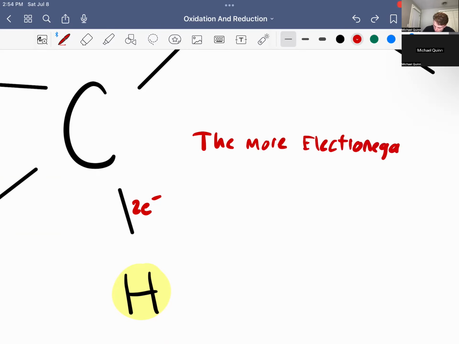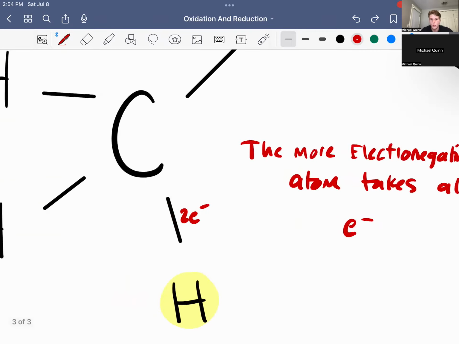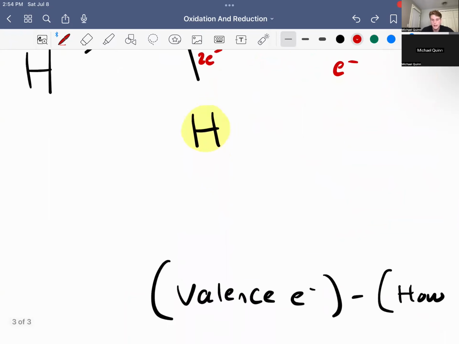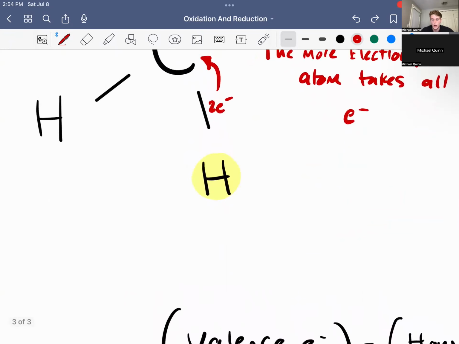So carbon is more electronegative than hydrogen, so it will take both electrons.